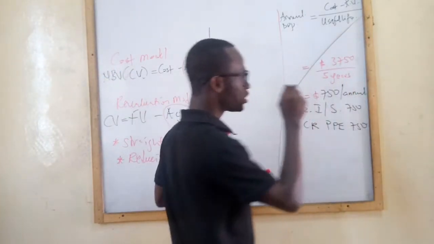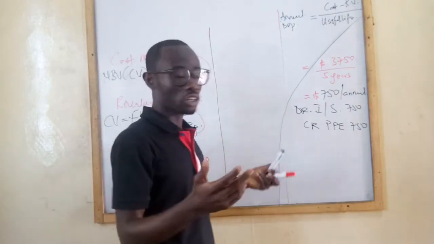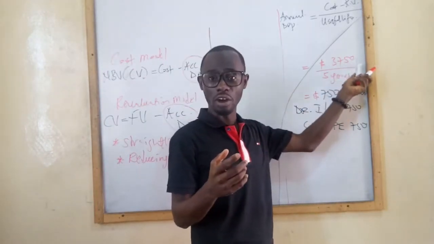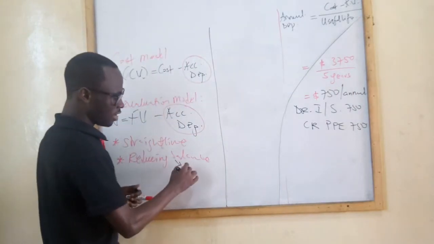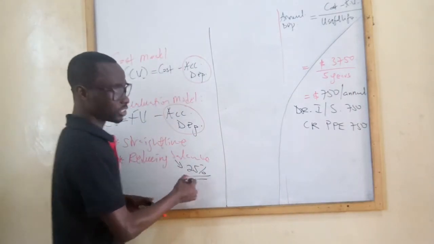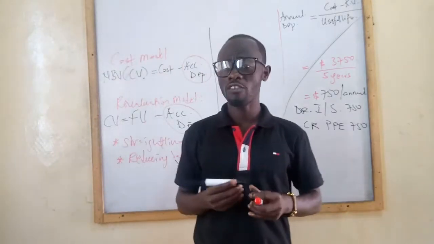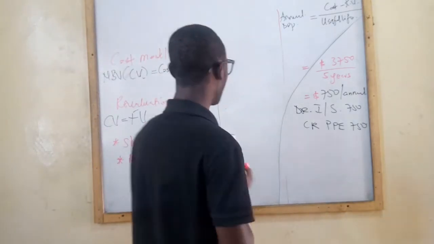So we are using the same illustration that the cost of our asset is 3750, but this time around we are using the reducing balance method, and then it is 25%. So 25% simply means, how do we go about it?